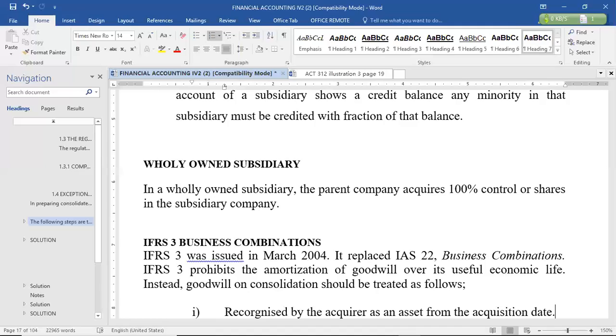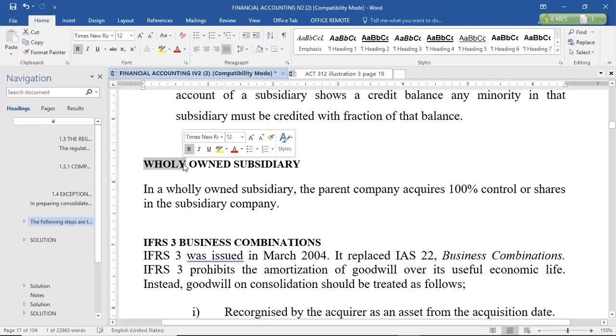You have wholly, W-H-O-L-L-Y. So that subsidiary is now called a wholly owned subsidiary. So everything belongs to the parent. So the subsidiary becomes a wholly owned subsidiary.